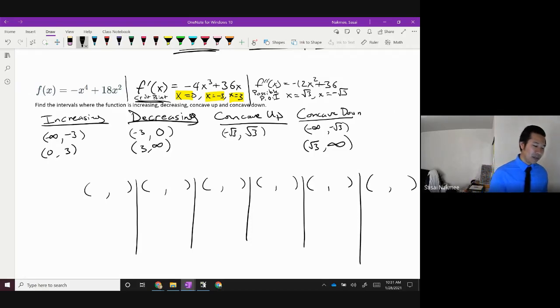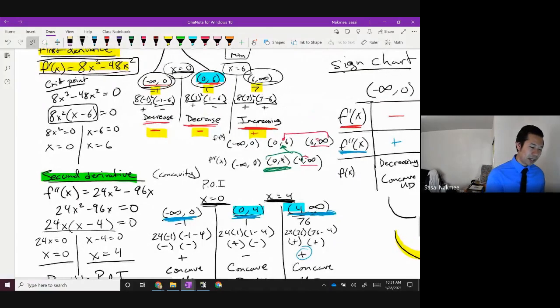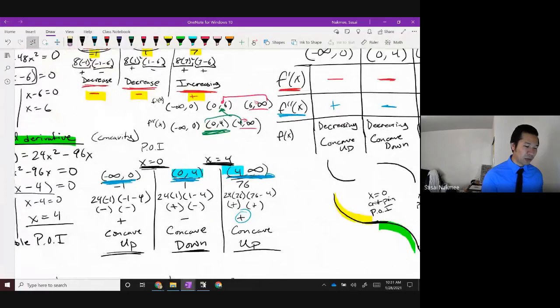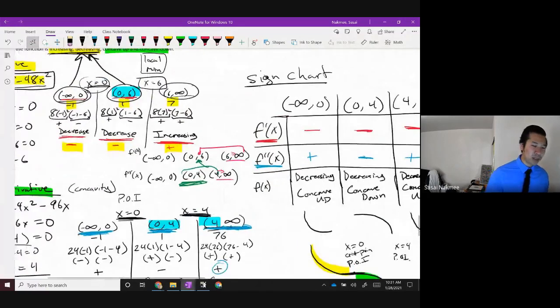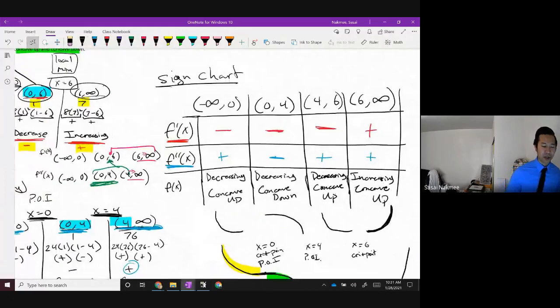If you look earlier at my notes, we had these 6 intervals right here. We had -infinity to 0, 0 to 6, and 6 to infinity. And then we had -infinity to 0, 0 to 4, and 4 to infinity. When we combined those 6 intervals, I ended up with just 4 intervals, because we were able to combine all those intervals together into this one right here.